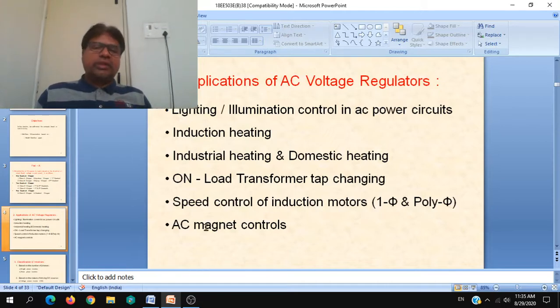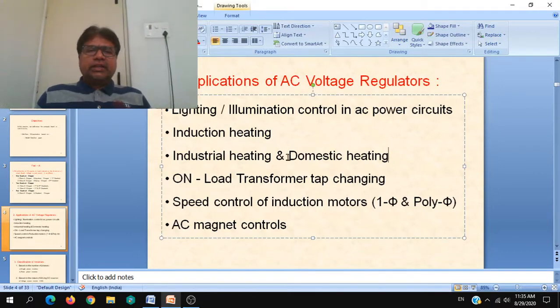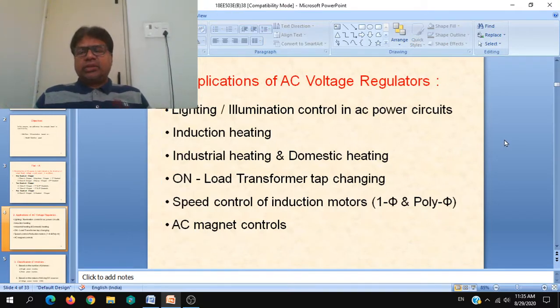That is the basis of AC magnetic control. You can write any application: speed control of induction motors, either single phase or polyphase, on-load transformer tap changing, industrial heating and domestic heating, induction heating, lighting illumination control in AC power circuits. So likewise, from the list, you can write the answers for any two applications.